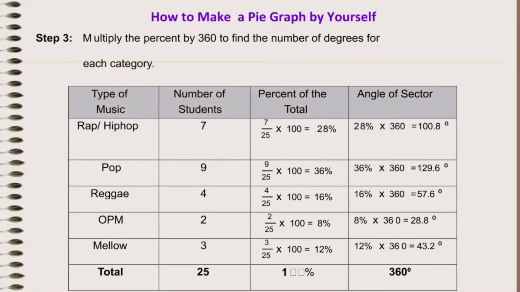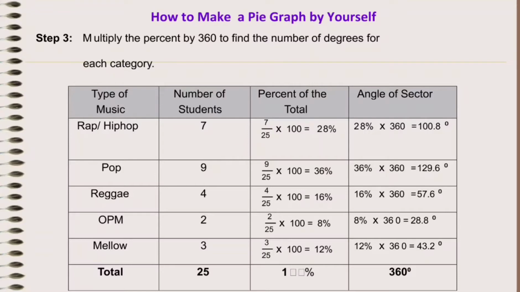Let us continue. So the next step is to multiply the percent by 360 to find the number of degrees for each category. Since 1 revolution is 360, that is the reason why you have to multiply each by 360 degrees. Later, in making your circle, we will be using a compass, a protractor, and this angle sector.